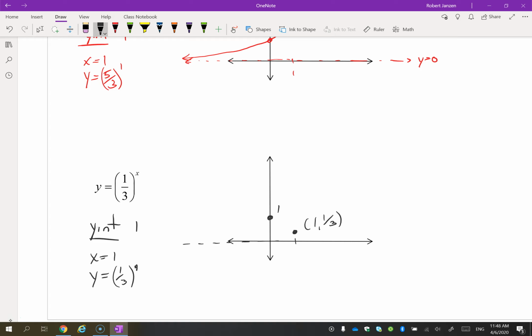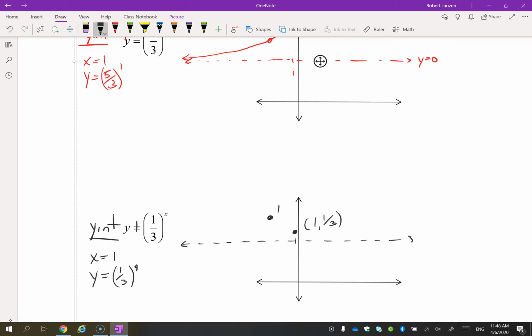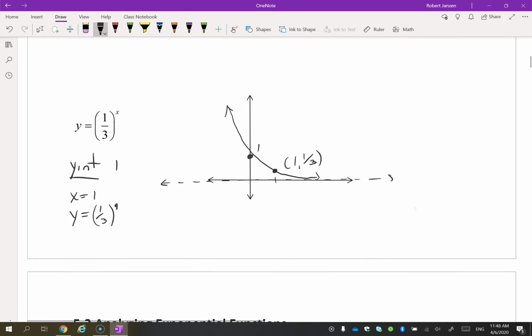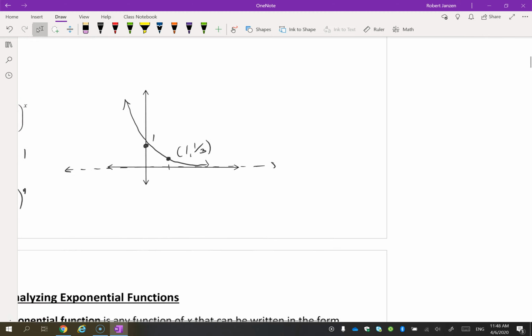So you notice that now the exponential graph is, I don't know, we won't say it's going the other way. So it looks something like that. Okay. So that's your basic exponential graphs.